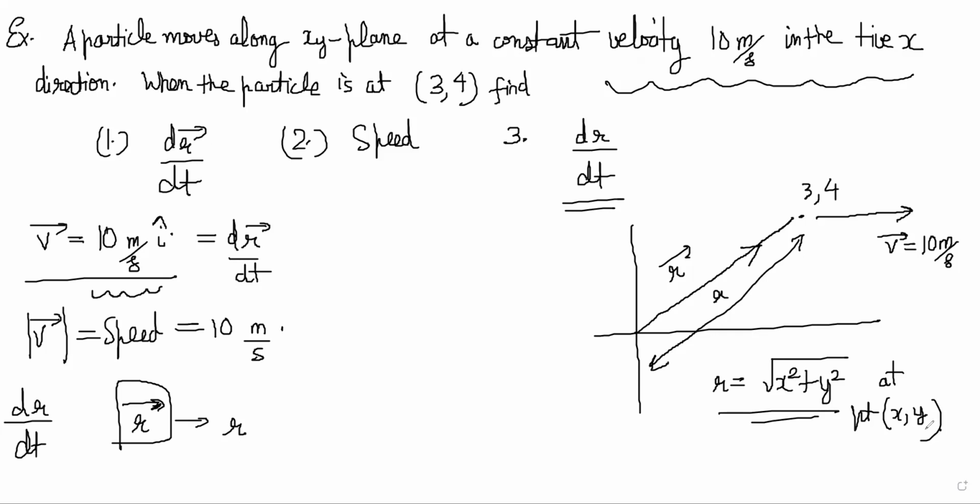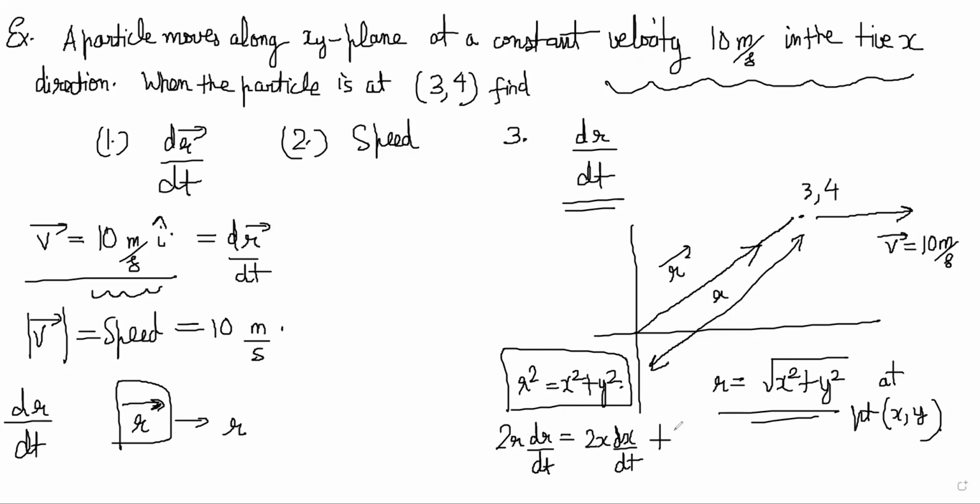So r square is x square plus y square, correct? And if you differentiate, you get 2r dr by dt is equal to 2x dx by dt plus 2y dy by dt.